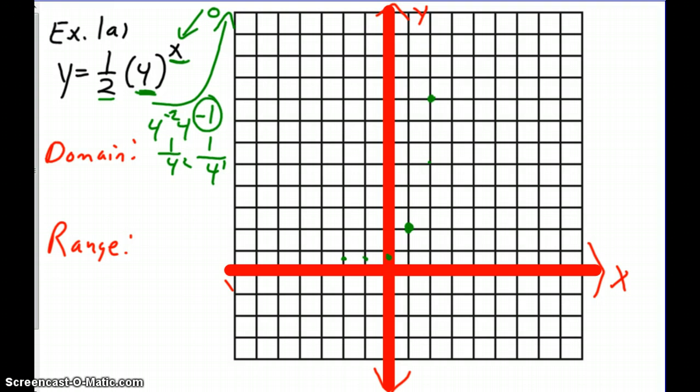The graph's going to come and hug 0, the x-axis, like this. And then suddenly it's going to go up and explode upward like that. Okay, so everybody understanding so far?